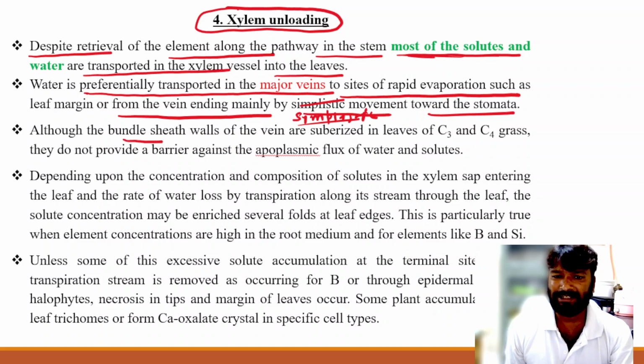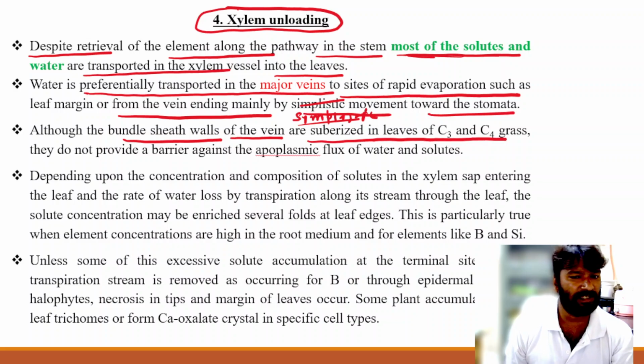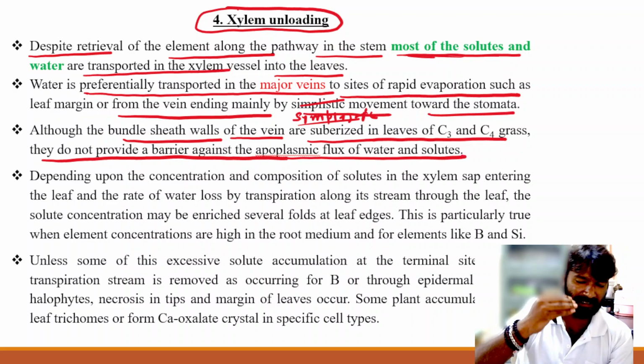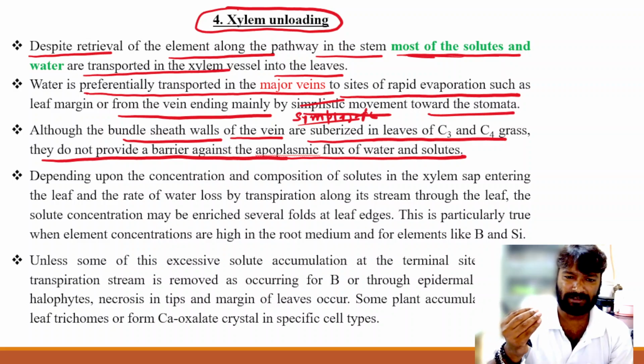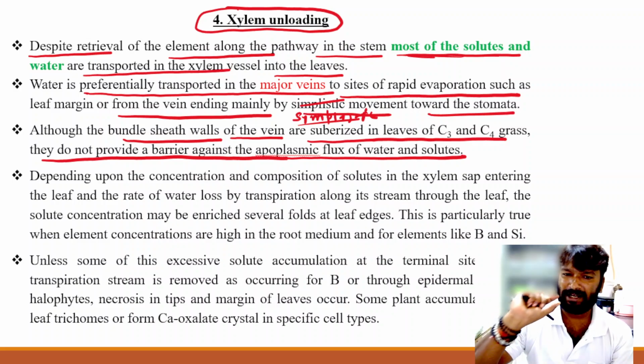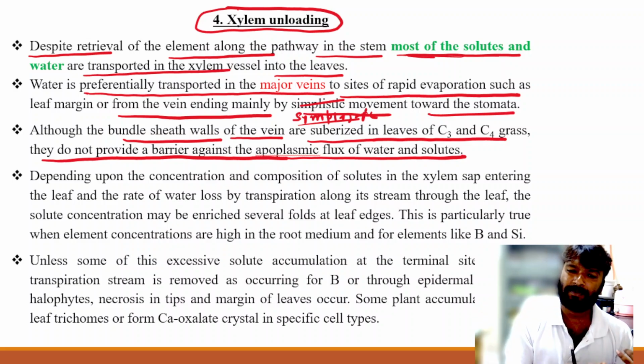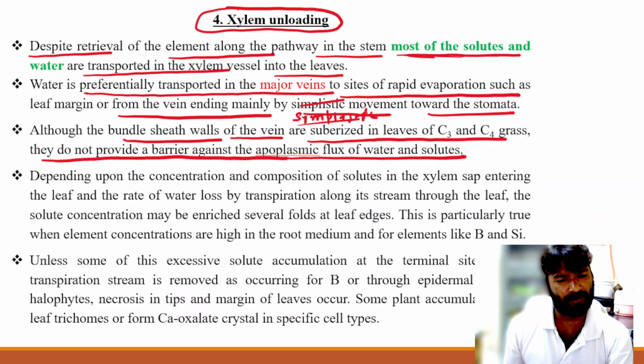Although the bundle sheath cells or bundle sheath walls of the veins are suberized in leaves of C3 and C4 grasses, they do not provide a barrier against the apoplasmic flux of water and solutes. As you saw, in the root there is an epidermis, and there are some suberized cells in the bundle sheath, but they are not a barrier like the endodermis in the root.